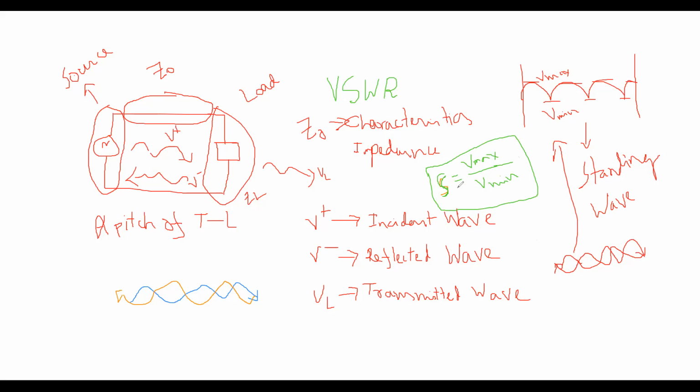VSWR is equal to S, and S is equal to V max by V min.